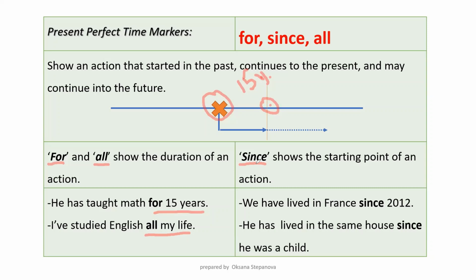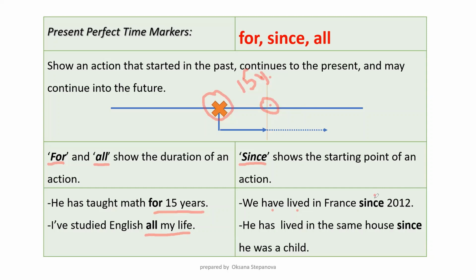Since shows the starting point of an action which is still happening in unspecified present moment. We still have the evidence. So we have lived, present perfect, in France since 2012.